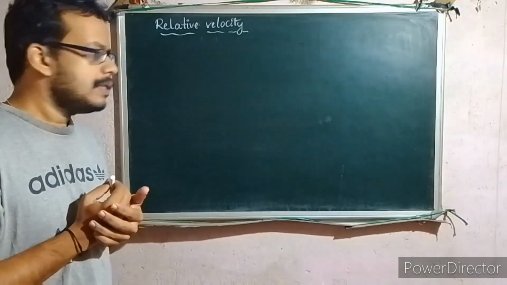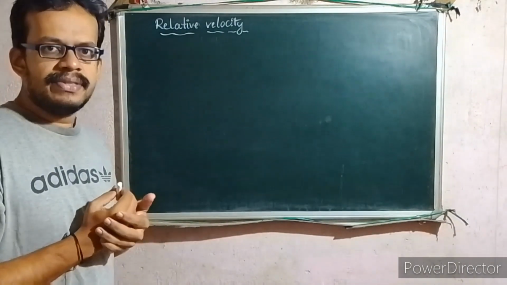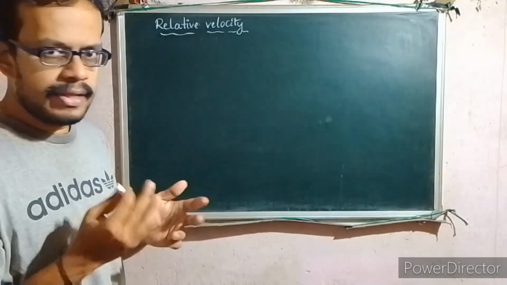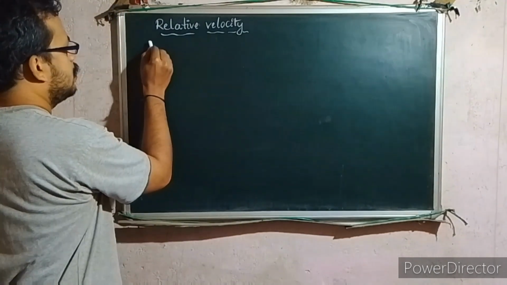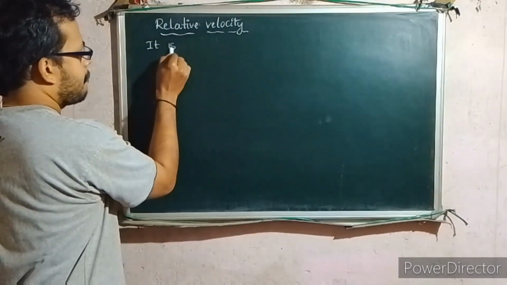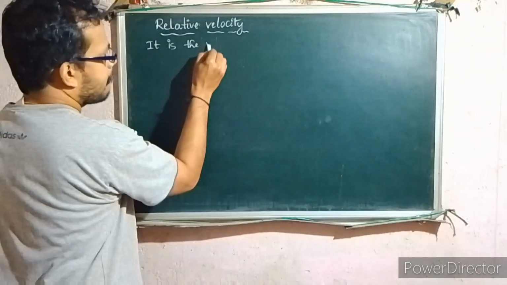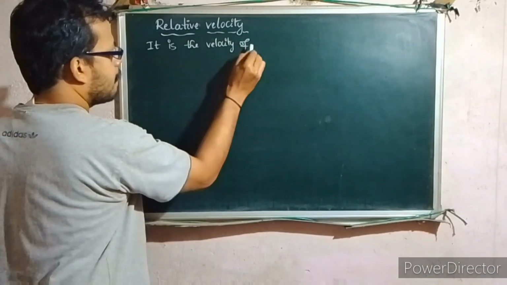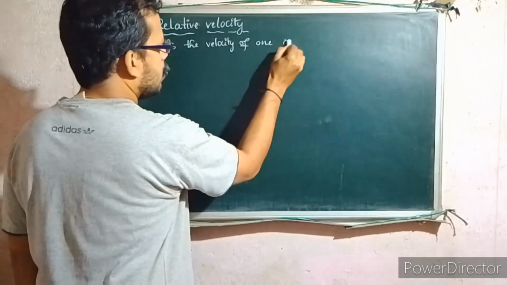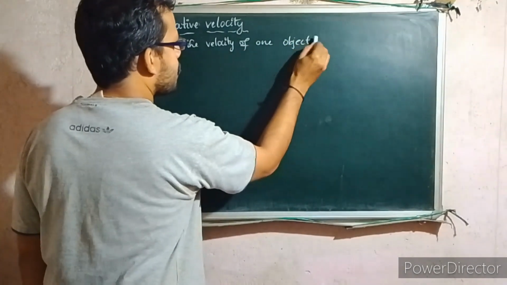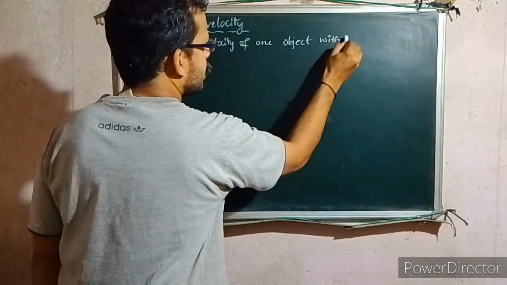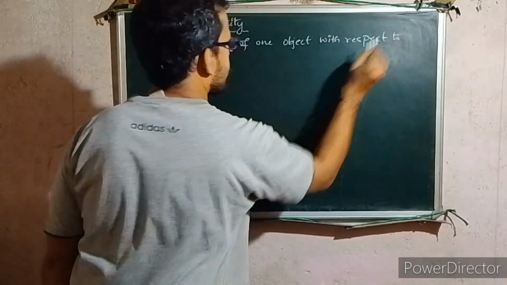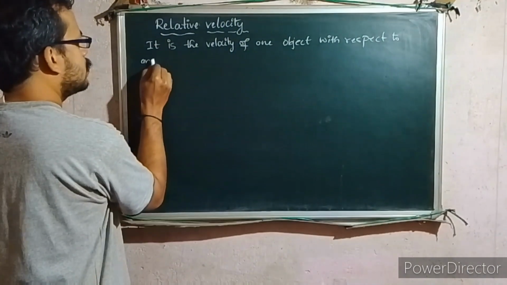The definition wise, relative velocity is the velocity of one object with respect to another object.